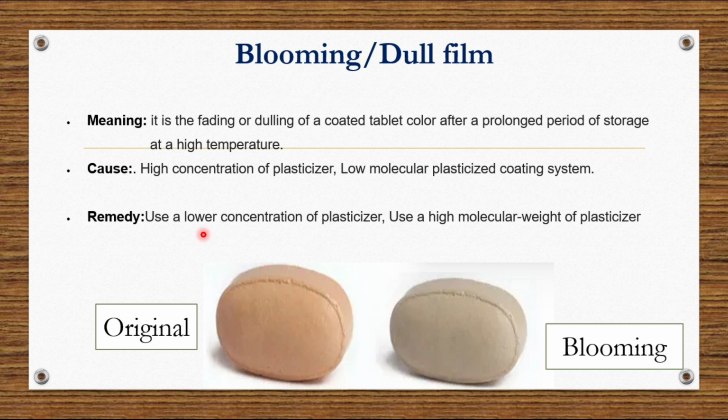What is the remedy? Use a lower concentration of plasticizer, use a high molecular weight plasticizer. How does blooming or dull film look? Our original tablet was like this, and over a period of time it became like this, that means it is a blooming defect.